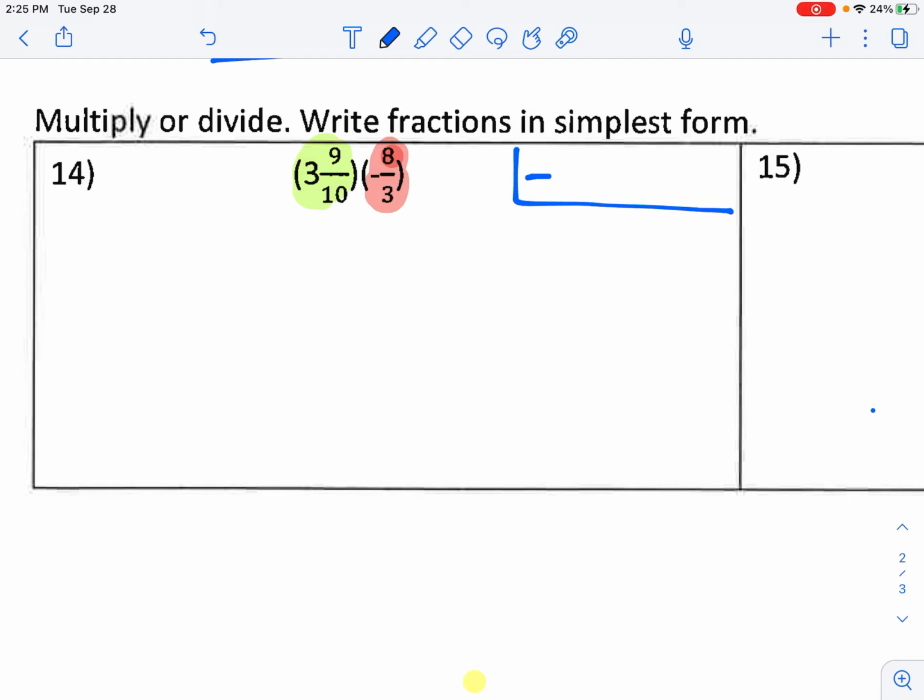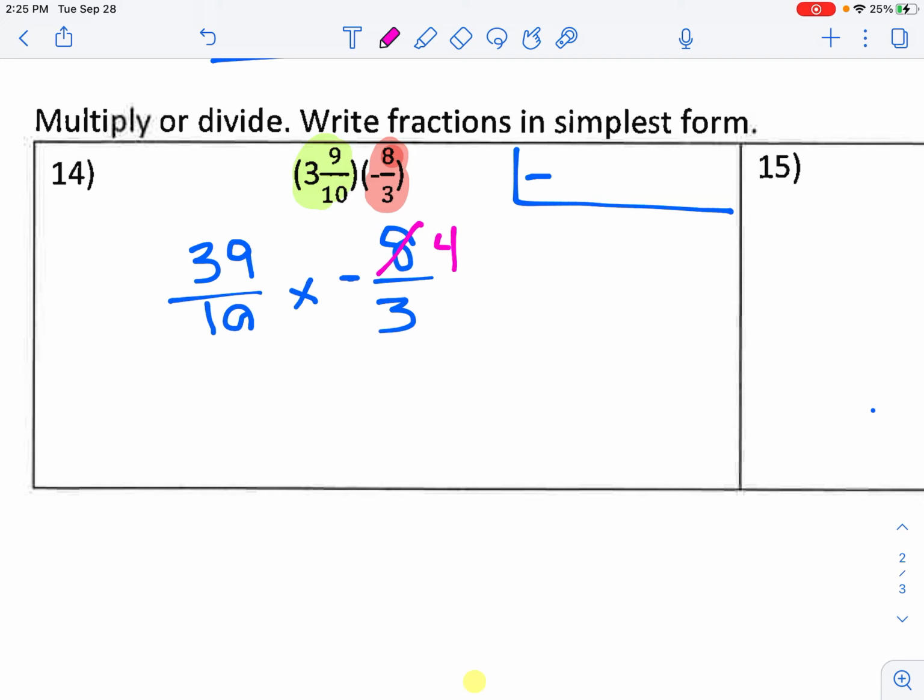First, we're going to make 3 9/10 improper. So 3 times 10 is 30, plus 9 is 39/10 times negative 8/3. So now we're going to cross cancel.